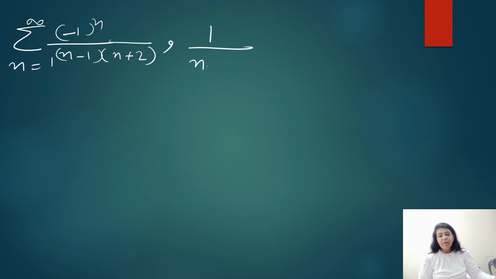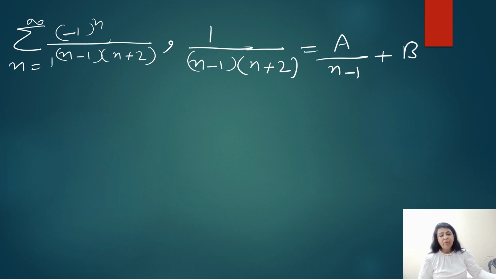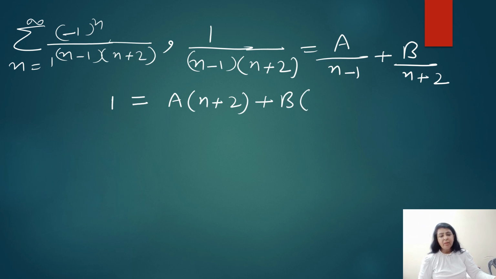So what will I get? 1 by (n minus 1)(n plus 2) is equal to a by (n minus 1) plus b by (n plus 2). Or this becomes 1 is equal to a into (n plus 2) plus b into (n minus 1).